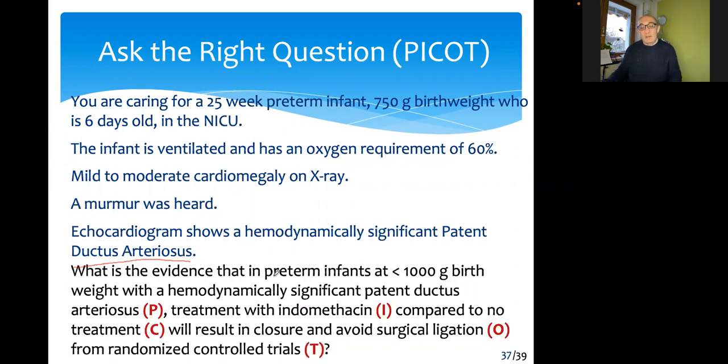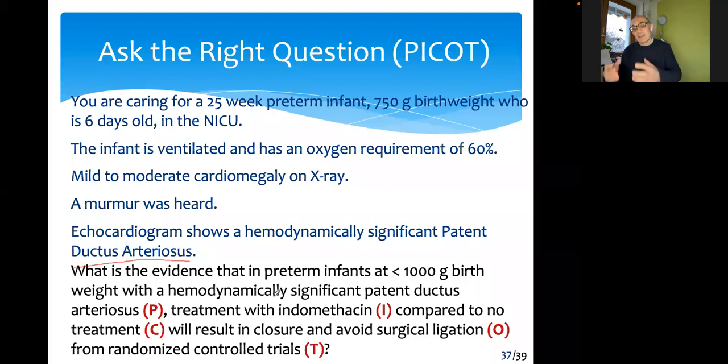What is the evidence that in preterm infants at below 1,000 gram birth weight, a hemodynamically significant patent ductus arteriosus treatment with indomethacin compared to no treatment will result in closure and avoid surgical ligation from randomized controlled trials?